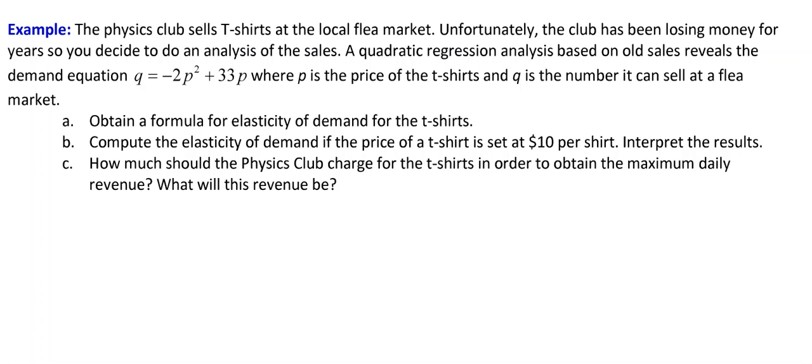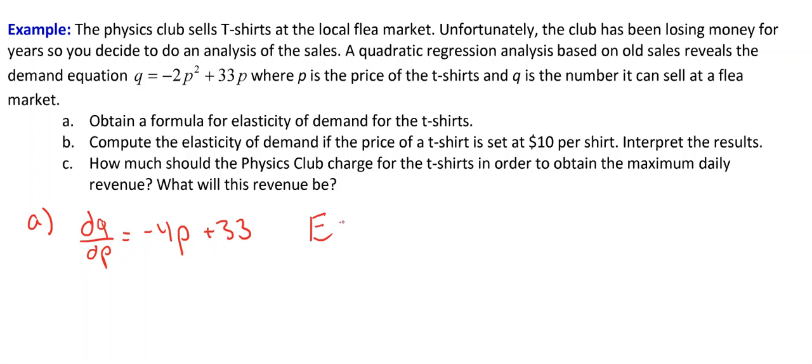That's basically saying that it wants us to write this as a function. So first thing we need to do is find dq dp. Find the derivative of q with respect to p. So that's going to be negative 4p plus 33.